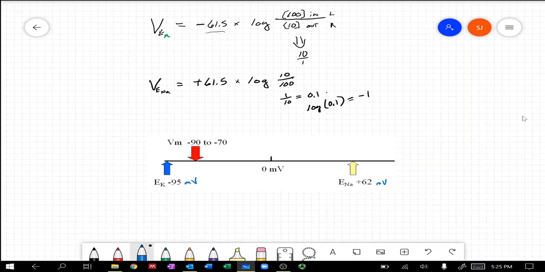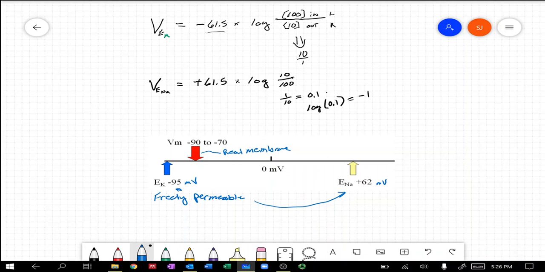So let's think a little bit about what this is really telling us. Well, what we're really getting out of this is the equilibrium potential is assuming that the membrane is freely permeable. So down here, these values are freely permeable. Well, up here, this is a real membrane. So freely permeable to potassium or freely permeable to sodium, one ion at a time, we can calculate an equilibrium for each of those.